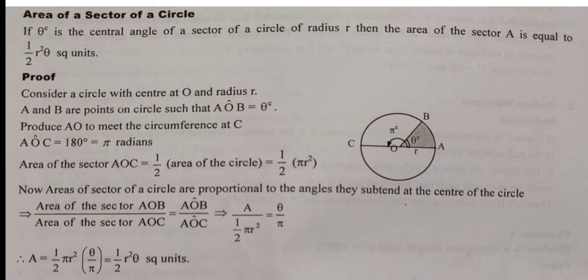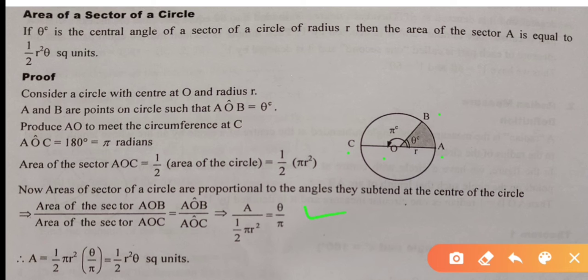Angle AOB is what here? Angle AOB is nothing but A only, whereas angle AOC is nothing but half pi r square. Already we have the value, therefore which is nothing but theta by pi.